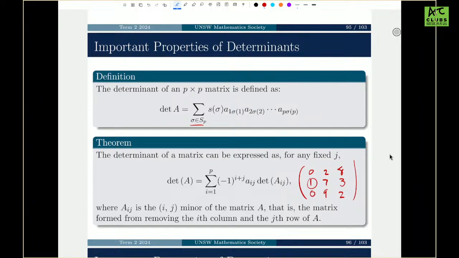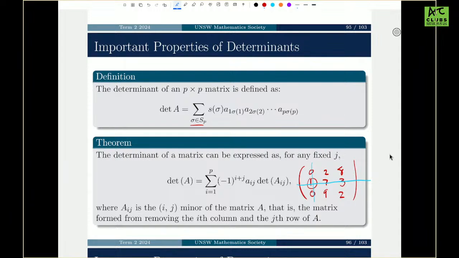So what we can do, and I'll switch to a different color, is create what's called the ijth minor. We wipe out this column and this row, like that. And therefore the ijth minor is just the matrix with the ith row and jth column removed.